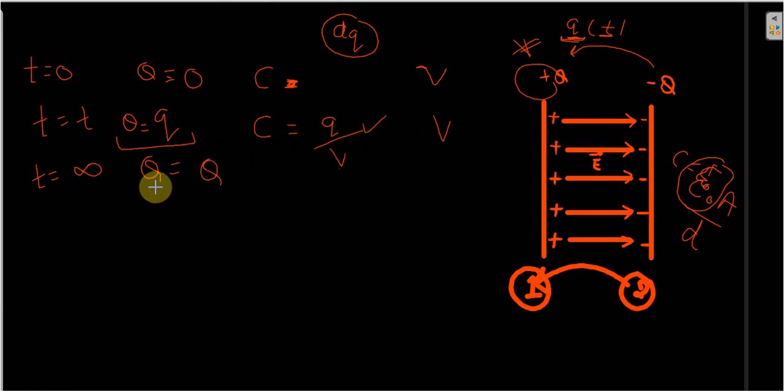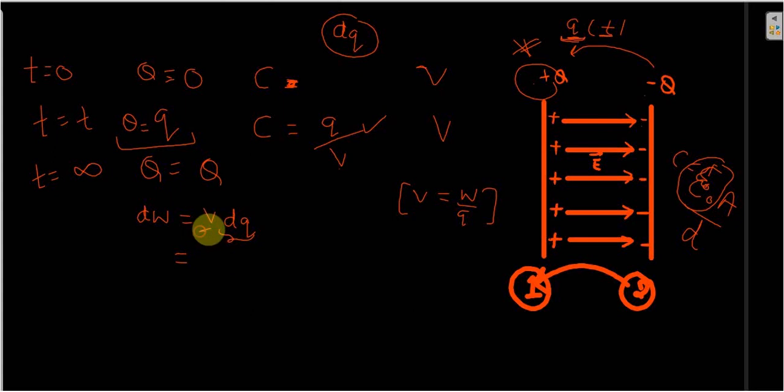So now we have to find the work done to transfer the charge from plate 2 to plate 1. Let us consider that for a small amount of charge the work done is dW. We know this formula, potential V is equal to W by Q. So you can write W is equal to V into Q, and we transfer a small amount of charge, that's why I wrote dQ, because we transfer very small amounts of charge one by one.